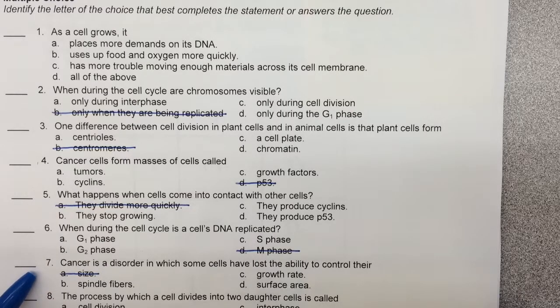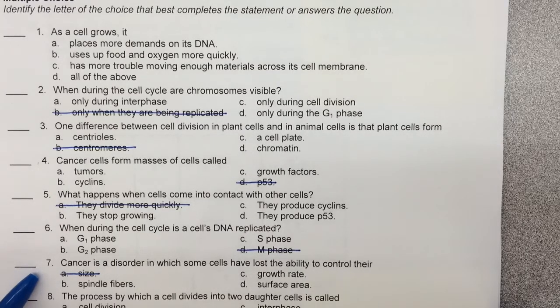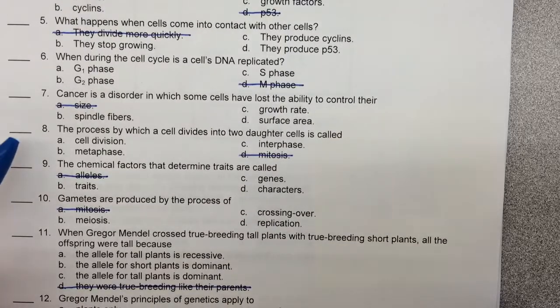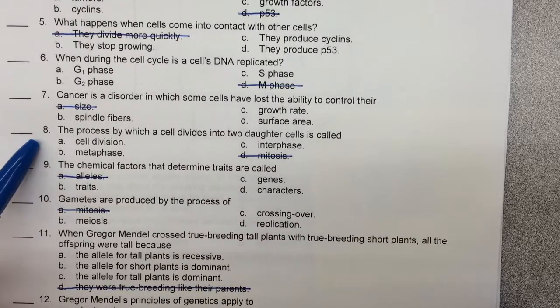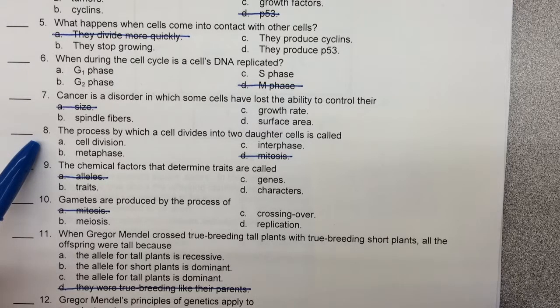Number 7, cancer is a disorder in which some cells have lost the ability to control their B, spindle fibers, C, growth rate, or D, surface area. Number 8, the process by which a cell divides into two daughter cells is called A, cell division, B, metaphase, or C, interphase.